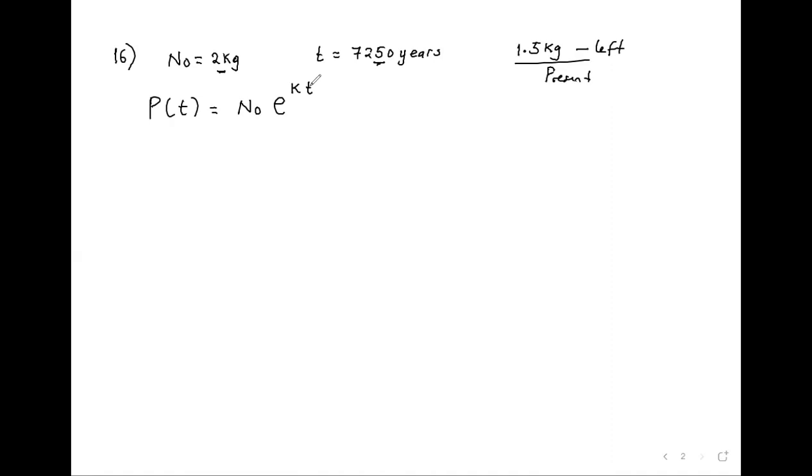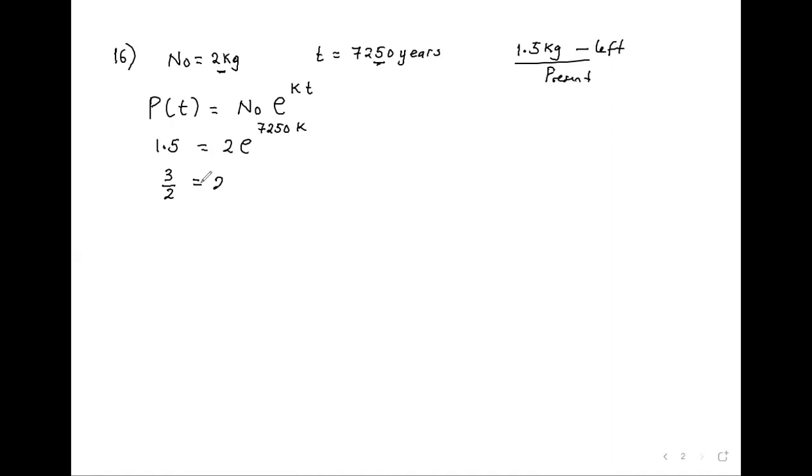So we substitute the information given. We are given 1.5 is equal to 2 as the initial, and e to the power t, which is 7,250, multiplied by k. We are looking for k in this case. And 1.5 is the same as 3/2.